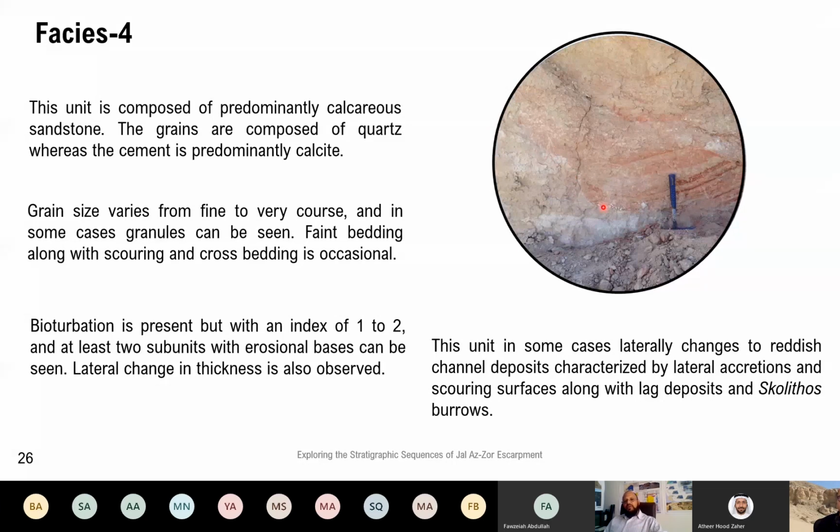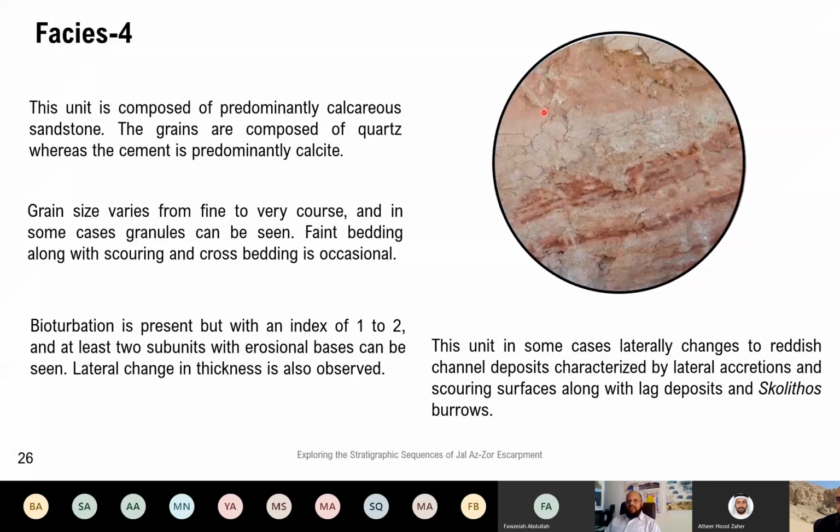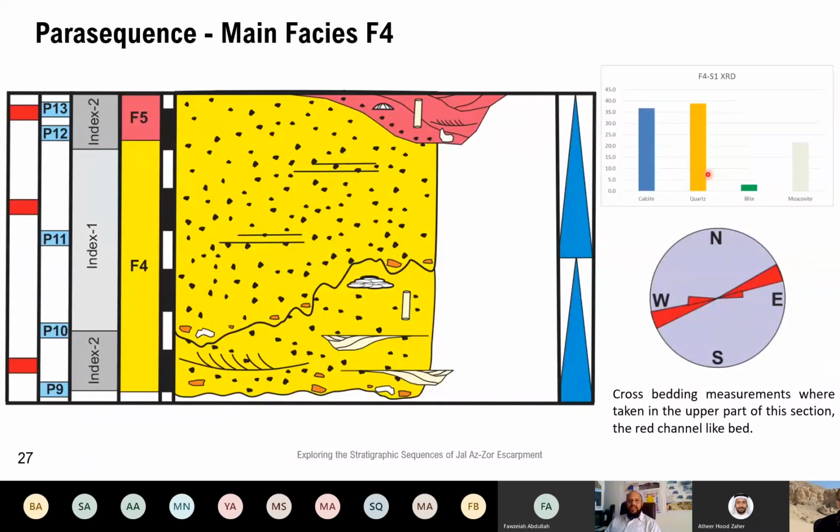For example, here we see this channel-like feature with lag deposits, with pebbles over there, and if you take a closer look, we start to see some burrows which are described as Skolithos. So this is a representation. The XRD data shows that we have around 35% calcite, so it's still clastics, with quartz at some 40%, and some clay material, but it is very well cemented, and that's why it's forming the cliffs.